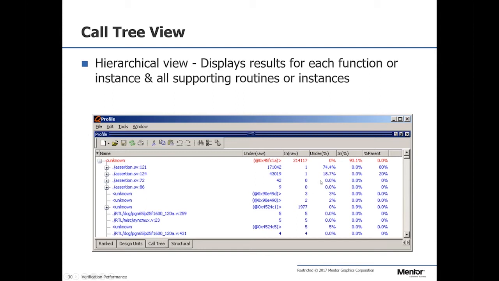What you'll see here is it is collecting all the data on what line of code was operating at any one time. And you'll see right now that I've got these two assertion files, and one of them is taking about 74% of the simulation time, and one of them is taking about 18% of the simulation time.